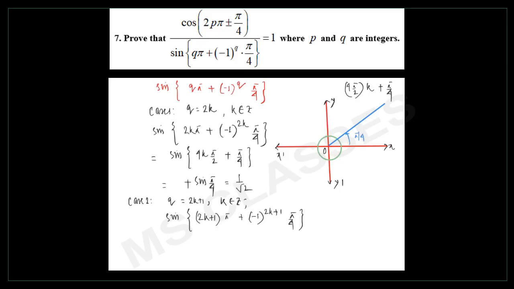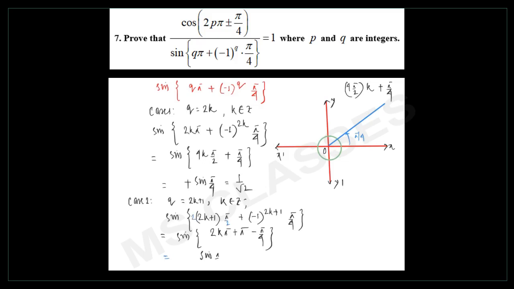Now this gives us sine 2k pi plus pi minus pi by 4. For finding whatever the sine or cos, that you can understand from here only by taking q. So you are sure about one thing, that this will be sine pi by 4.